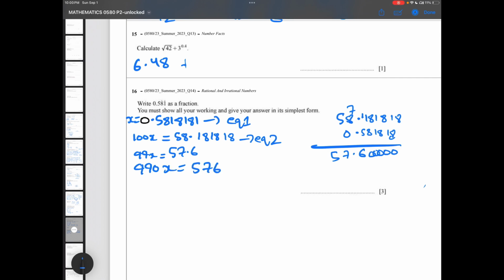Now 990 will be shifted to the right side of the equation. It will divide 576. So now we will have to simplify our answer. Both these numbers can be simplified with 2, right?